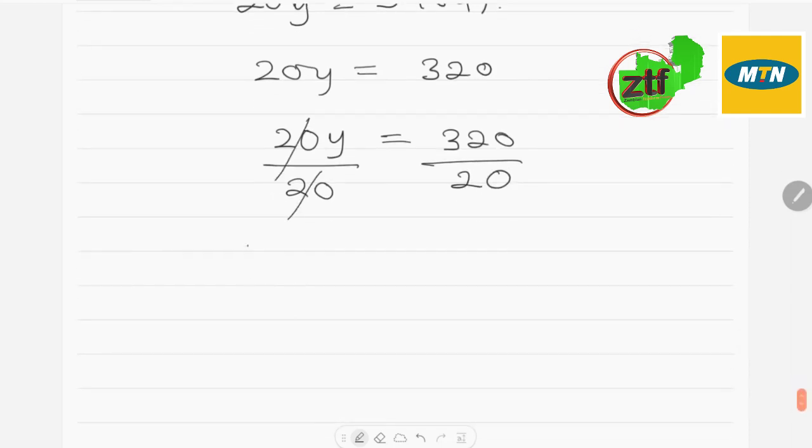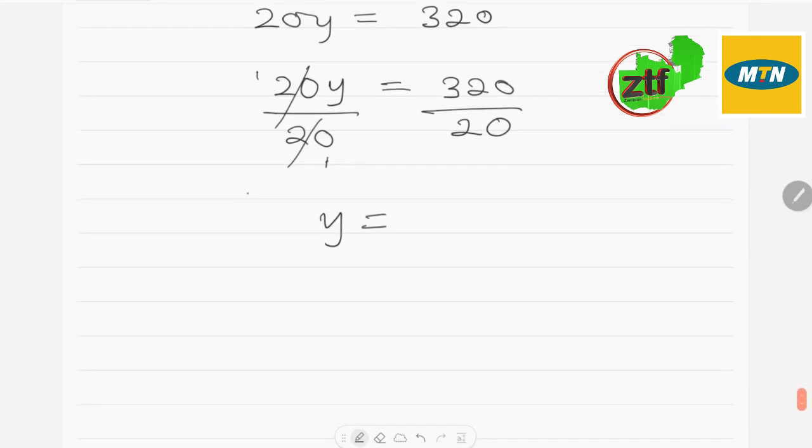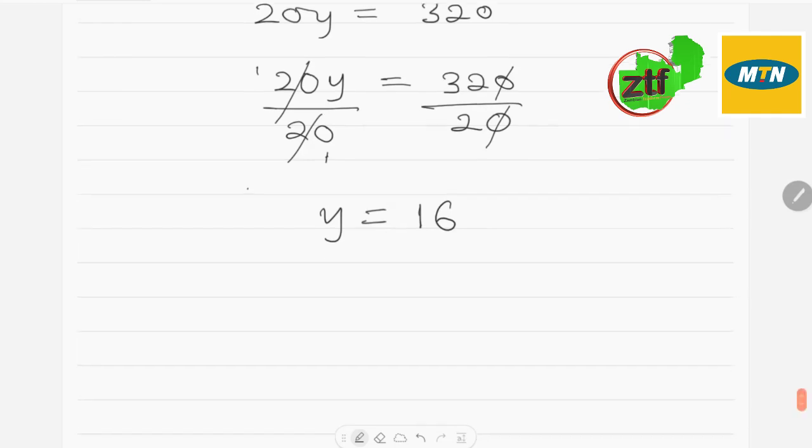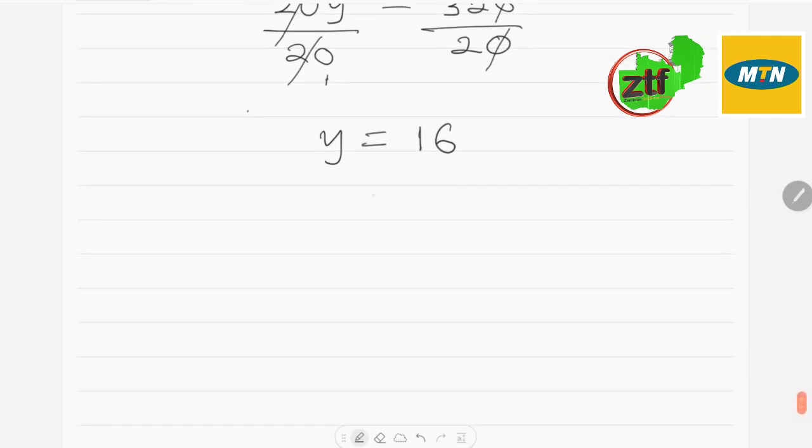On the left, 20 into 20 gets 1, and 1 multiplied by y will simply get y. We can simplify the right hand side: this 0 and that 0 cancel. How many times can 2 go into 32? 2 can go 16 times into 32, and therefore the value of y is 16.